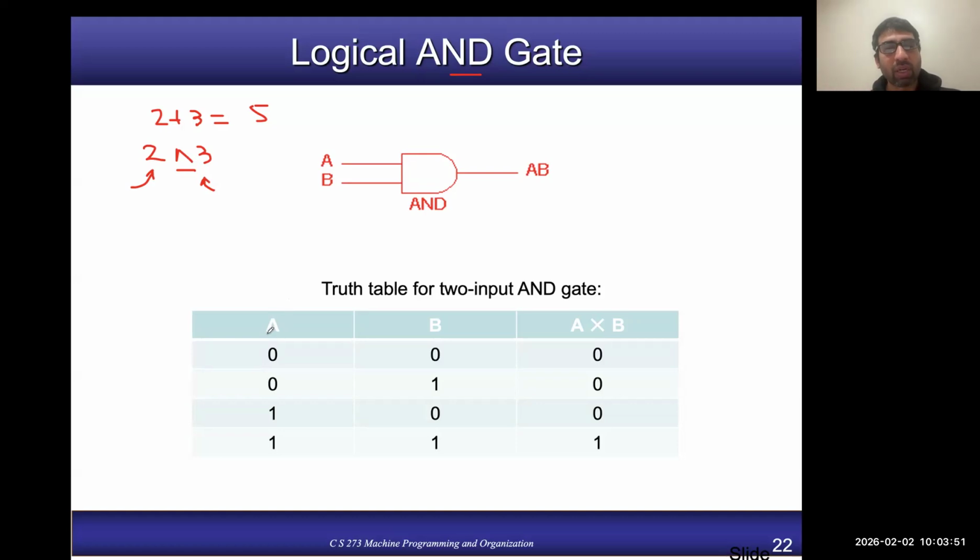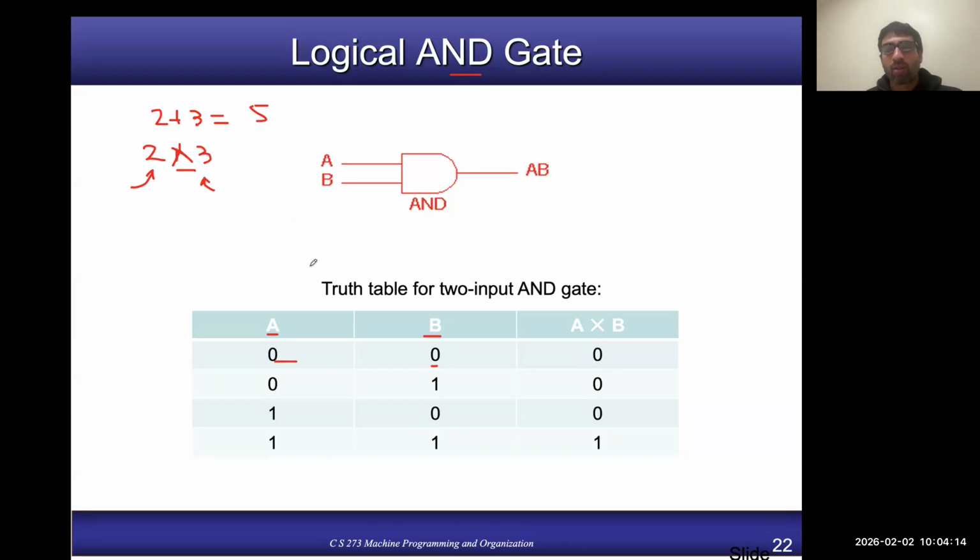So let's say you have 2 bits, A and B, and the value of A is 0 and the value of B is 0. The result of the AND operation will be... sorry, I used a different symbol, but in these lecture slides they are using a cross to indicate the AND. Normally in the literature, they use this upward arrow to indicate AND.